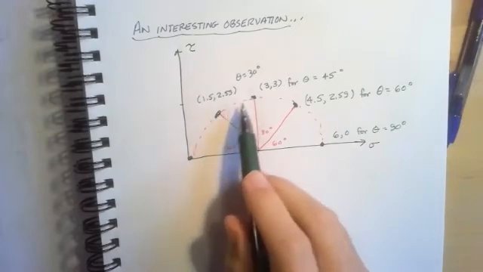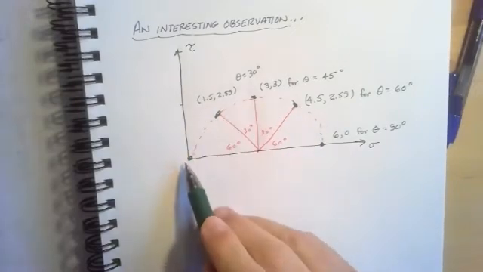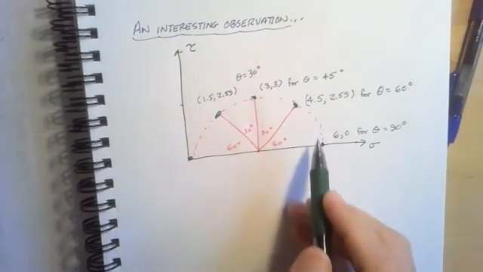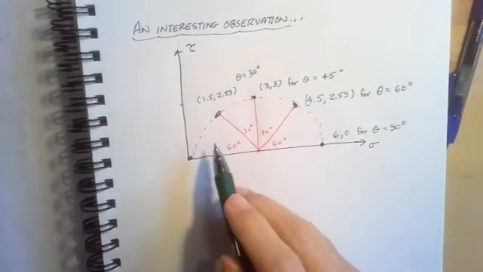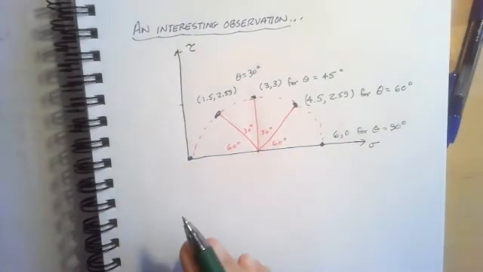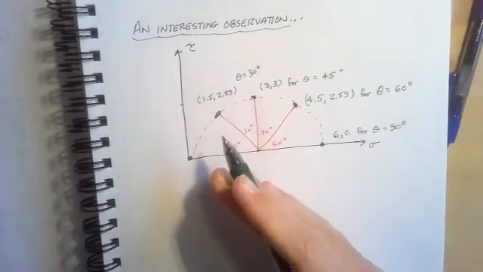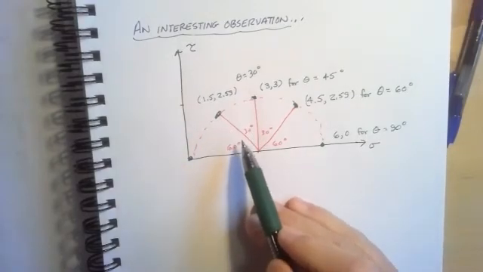If I look at where these lie, I would have a circle swept out. If I rotate the plane by 30 degrees, I end up going 60 degrees around the circle.